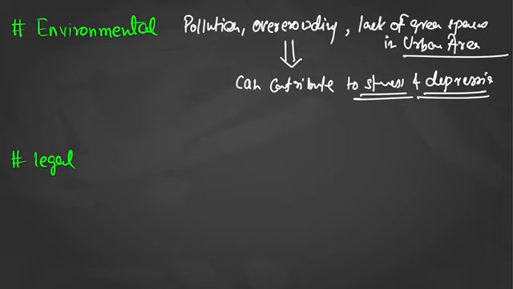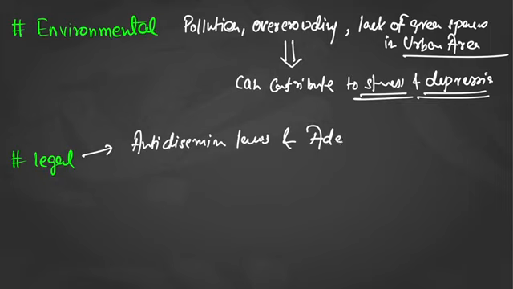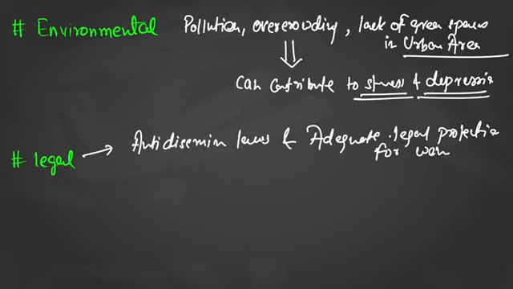Okay, then you can talk about legal: though we have laws, the implementation of laws against discrimination is very weak, or you do not have adequate legal protection for women. You can also talk about this related to harassment plus domestic violence.